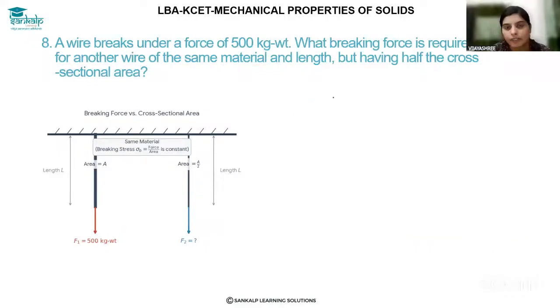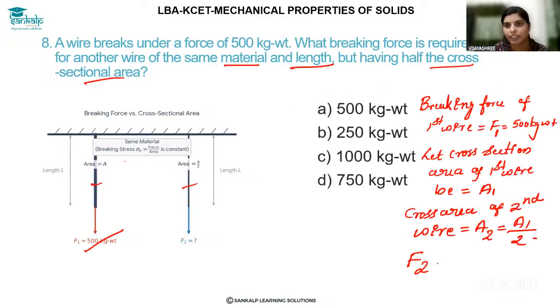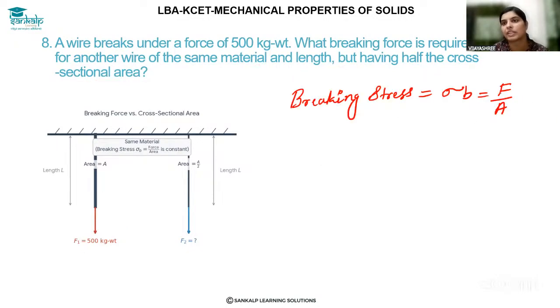What we know is that breaking stress, which I denote with the notation sigma b, is equal to force divided by area. We need to calculate F2 here. So breaking stress sigma b is equal to force divided by area. Now see here, the material is the same, so breaking stress is constant.